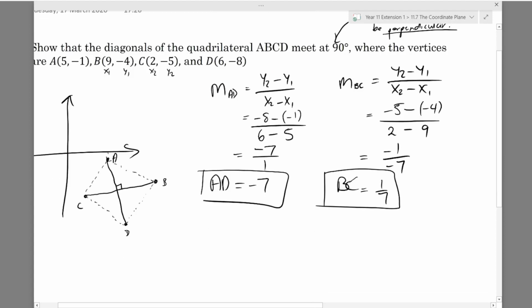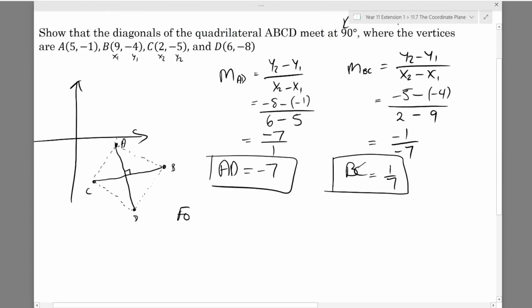Okay, so for AD to be perpendicular to BC, that symbol just means perpendicular, then M1 times M2 must be equal to -1. So -7 times 1 on 7 is just -7 on 7, which is equal to -1.